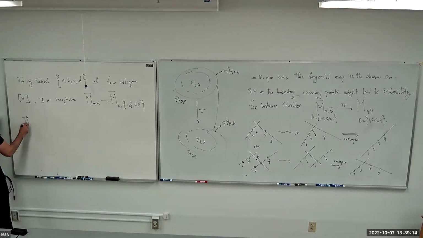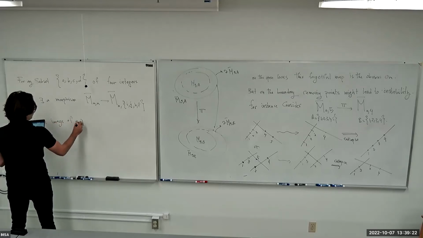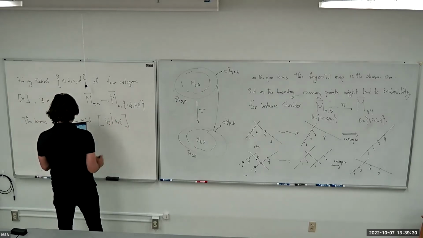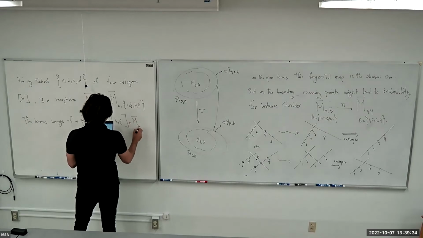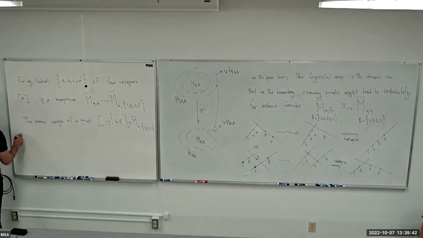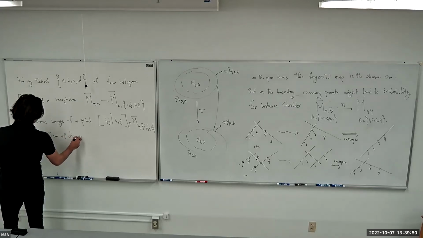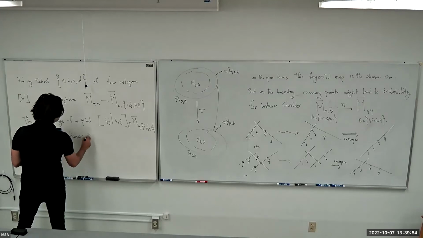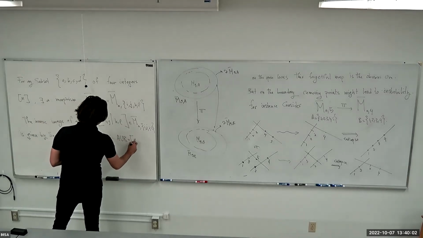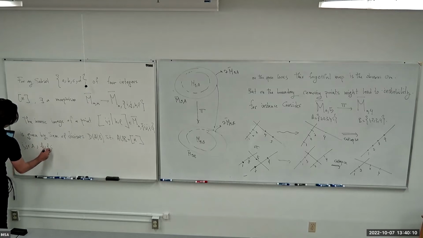The inverse image of a point ij and then kl in M0 ijkl is given by the sum of divisors D_AB such that A union B is equal to N, ij is in A and kl is in B.